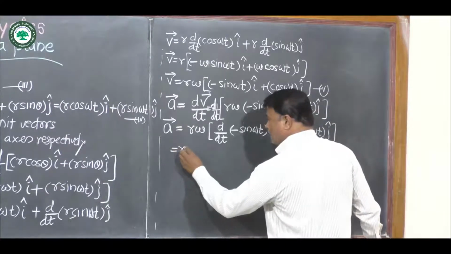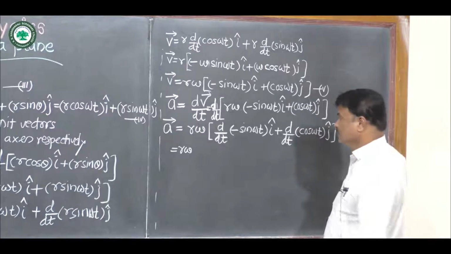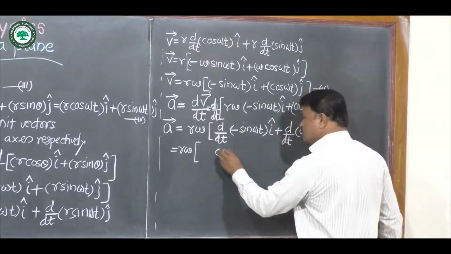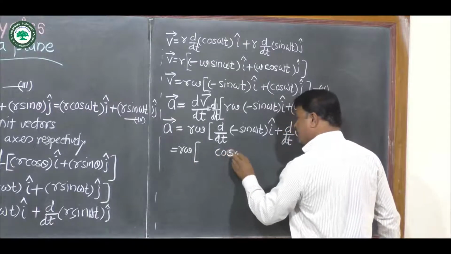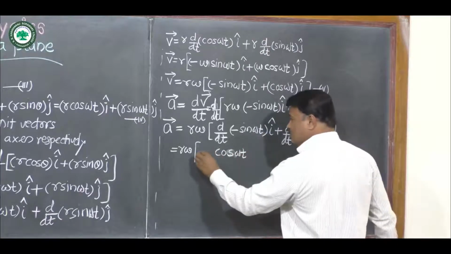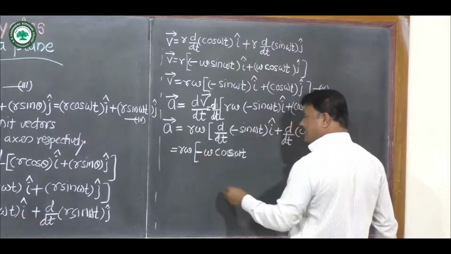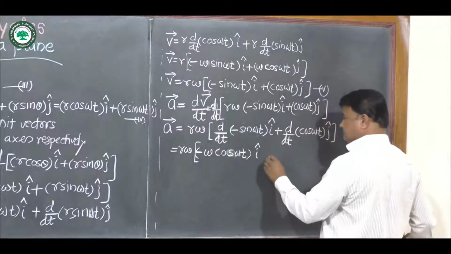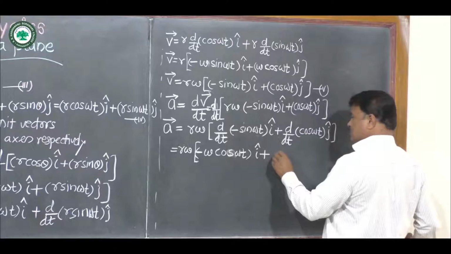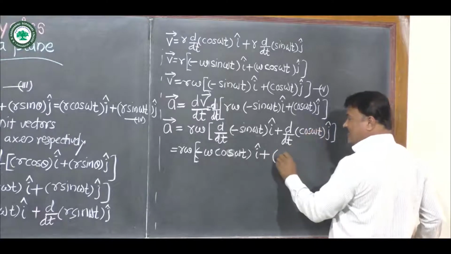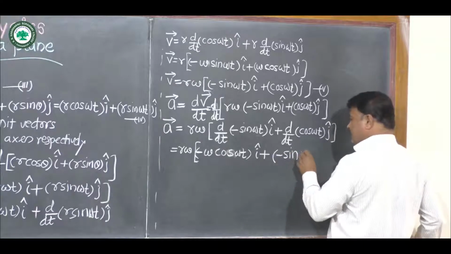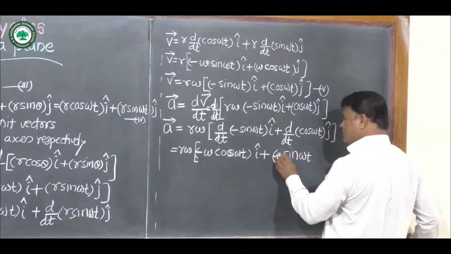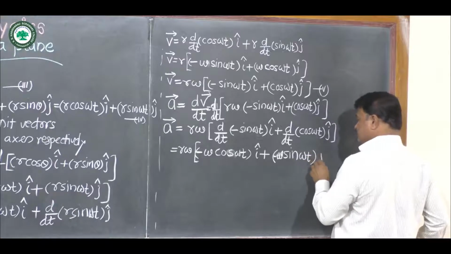that is equal to r omega. Now derivative of sin is plus cos, so here we write cos omega t, and derivative of omega t is omega, so this minus as it is into omega cos omega t into i cap, plus in bracket derivative of cos is minus sin omega t, and again derivative of omega t is omega, so here we write minus omega into sin omega t j cap.